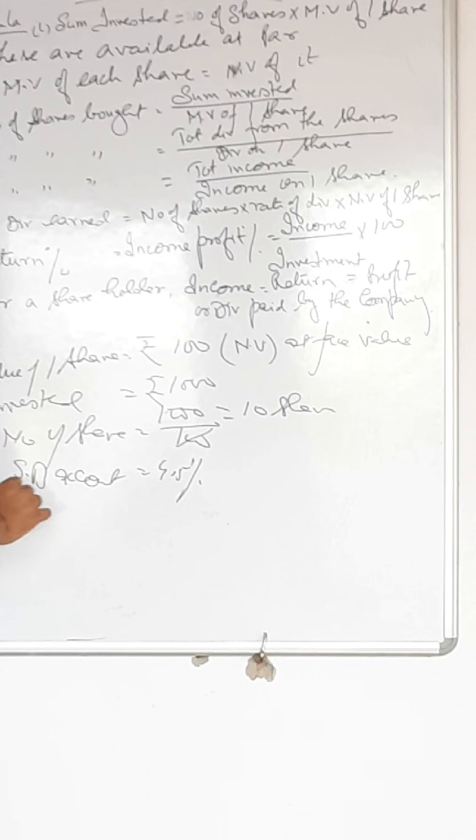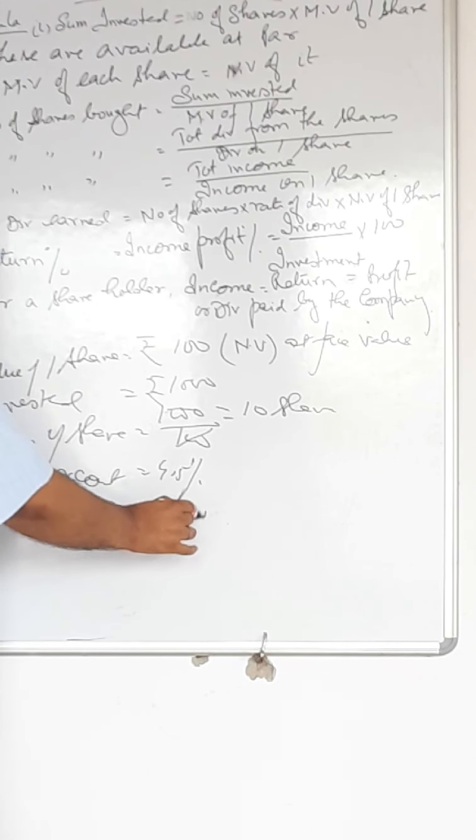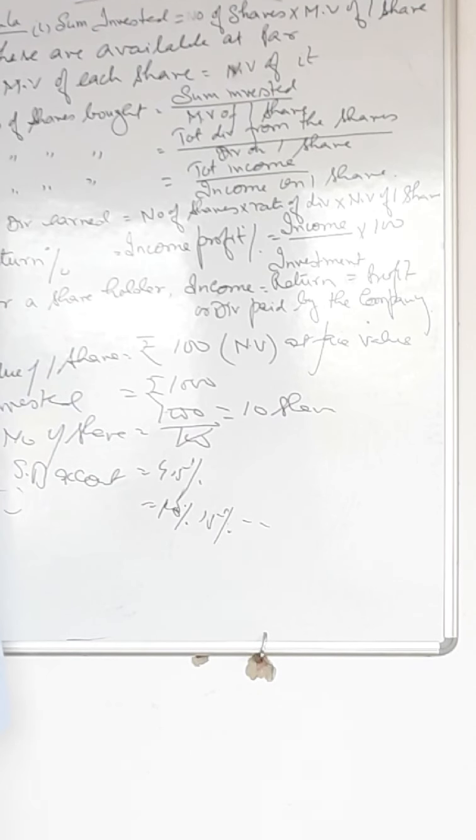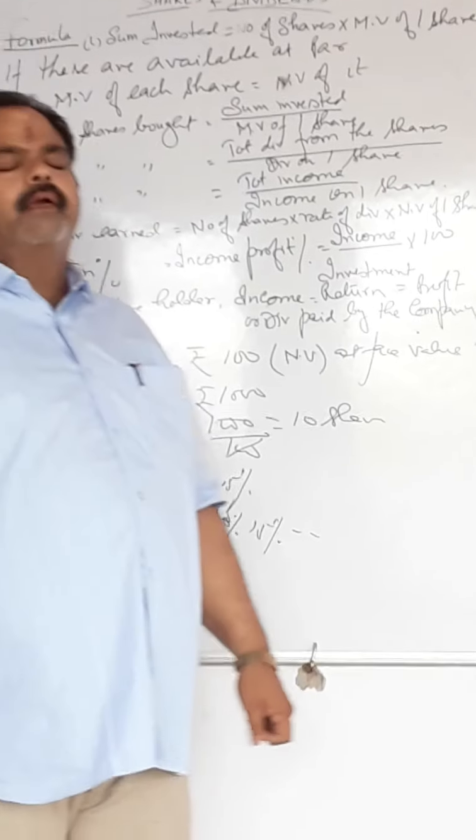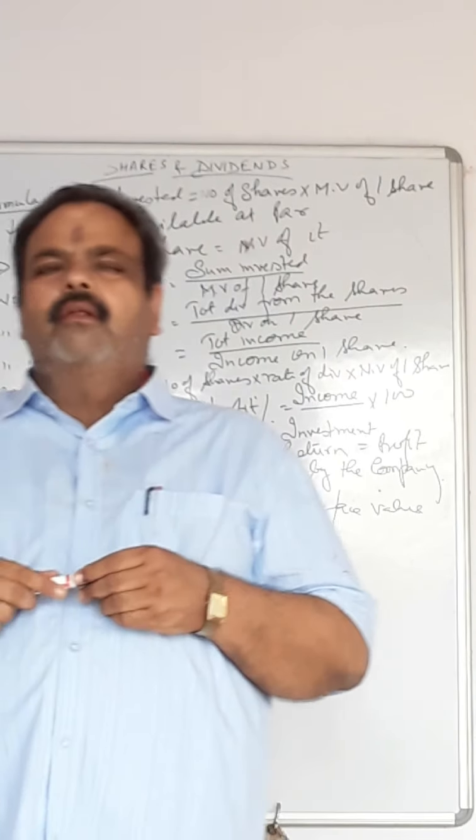Here this share can give 10%, 15% or more, or it can be zero. It depends upon the market of the company, how much it is sold, and how much profit the company is getting.